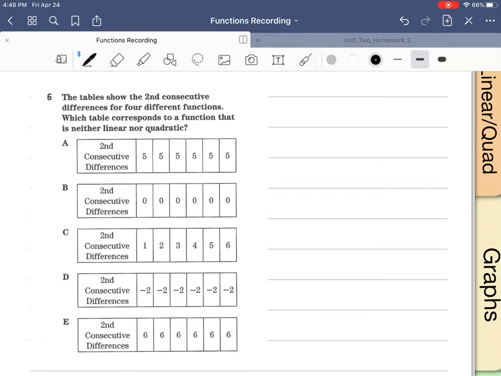Now, if I just had to take a stab in the dark here, I would go with C. Because if you look at these, this is common, but that B is tricky. You got to know something there. This is common and this is common.